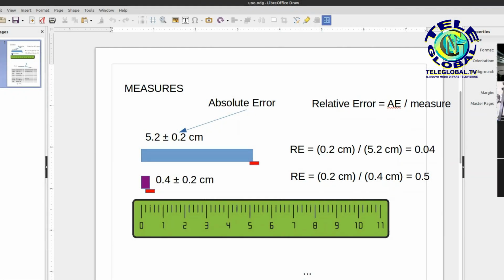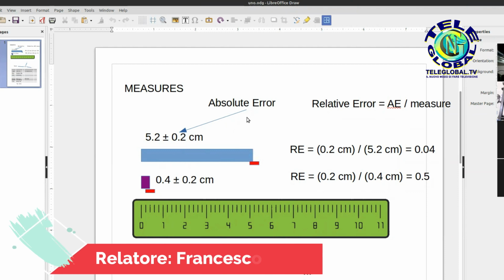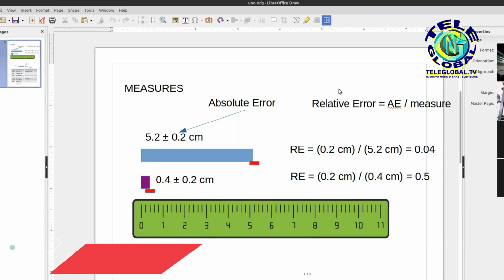Last time we were talking about how to measure objects and how each measurement is affected by an error. We also saw the difference between absolute and relative error.